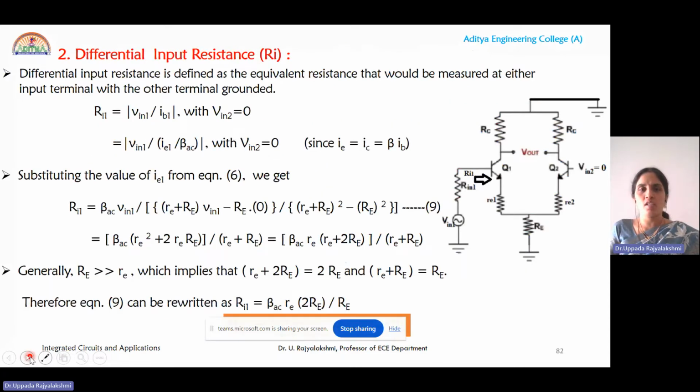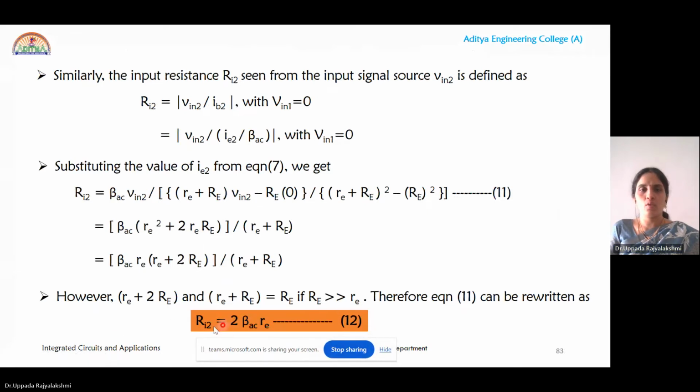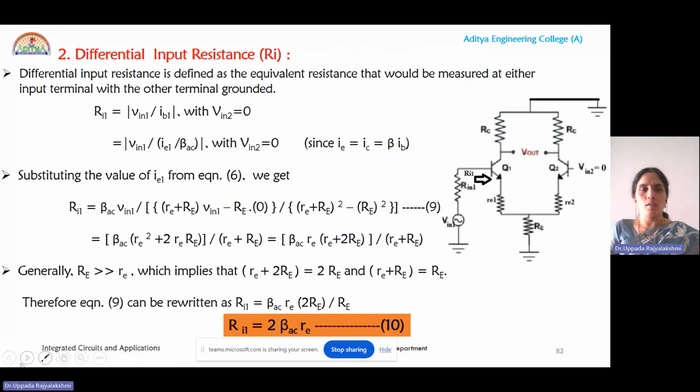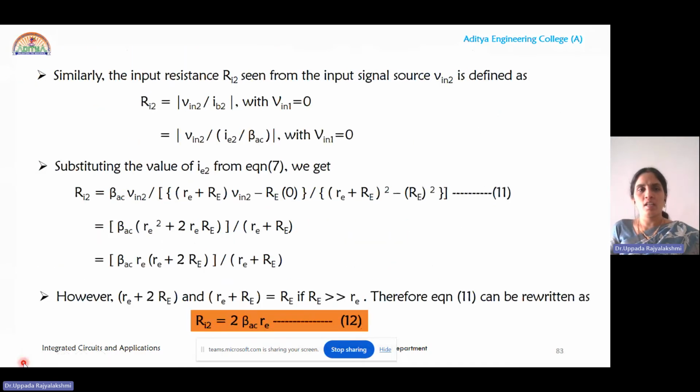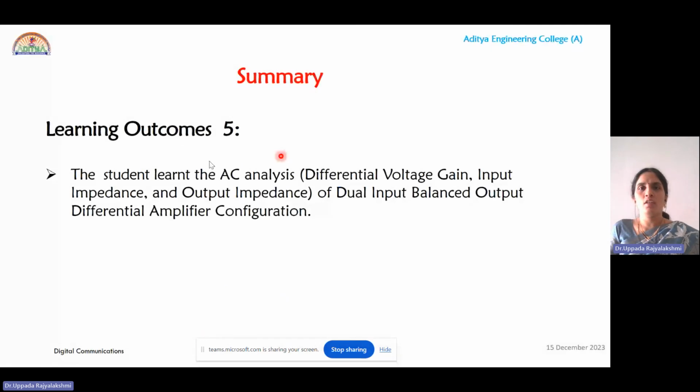And the differential input resistance we obtained as 2 beta AC re. Here you can see Ri2 is 2 beta AC re. Similarly, Ri1 is also equal to 2 beta AC re. And the output resistance is directly equal to Rc. So finally we have completed the AC analysis of the dual input balanced output differential configuration. Thank you for listening.